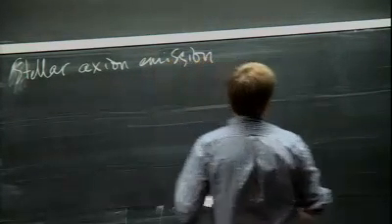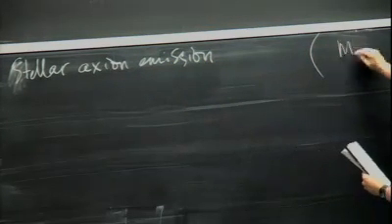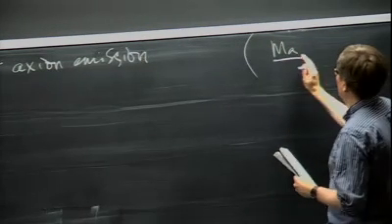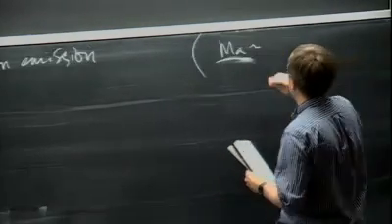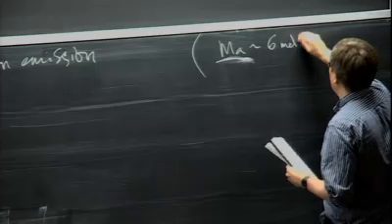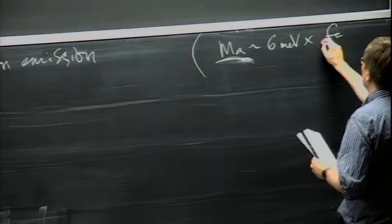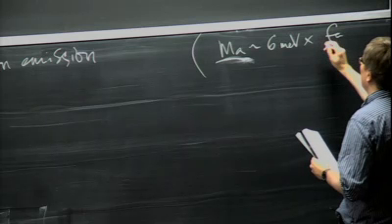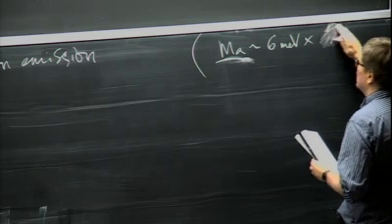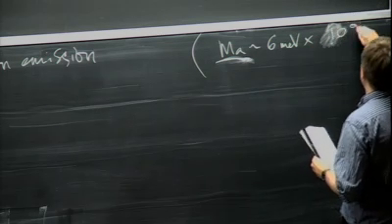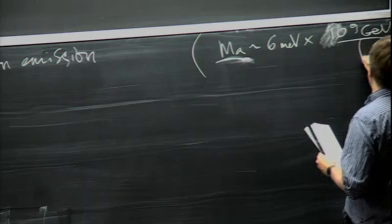So we already had last time that m_a is on the order of 6 millielectron volts times, no, it scales inversely, right? 10^9 GeV over f_a.